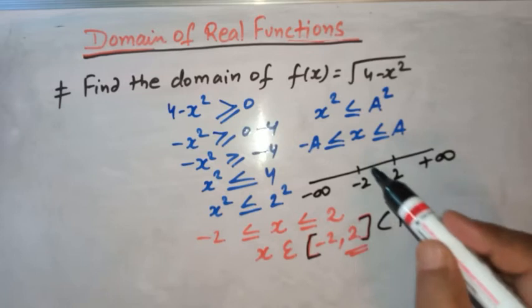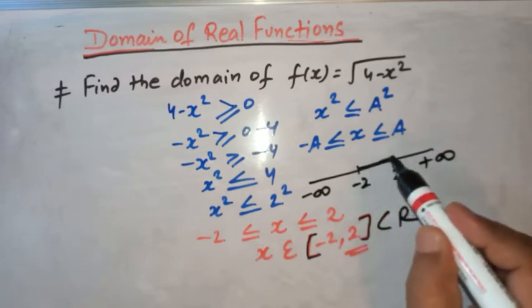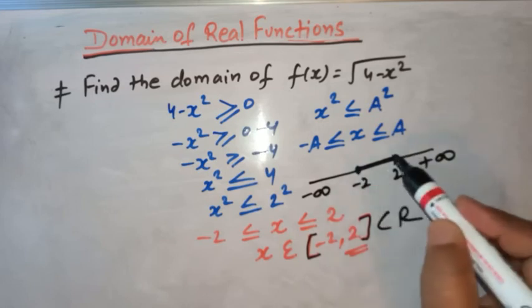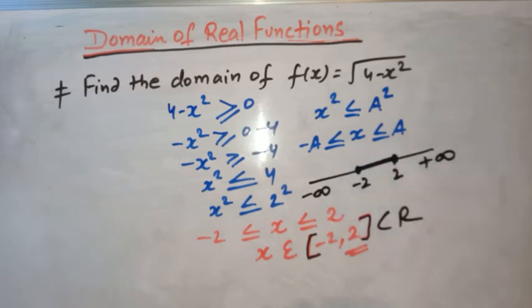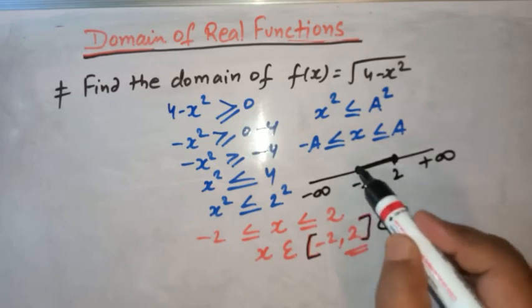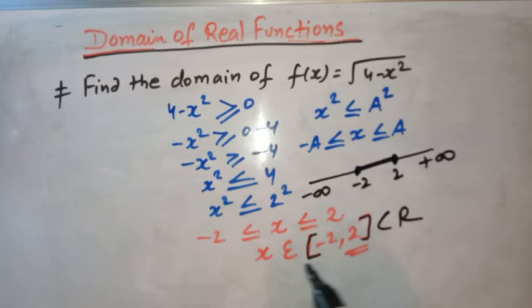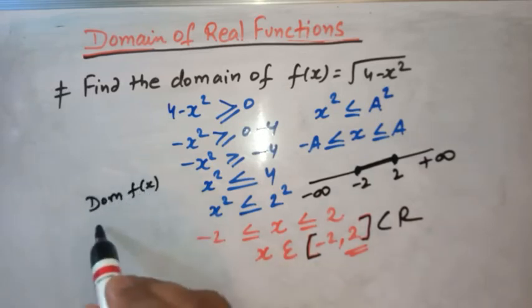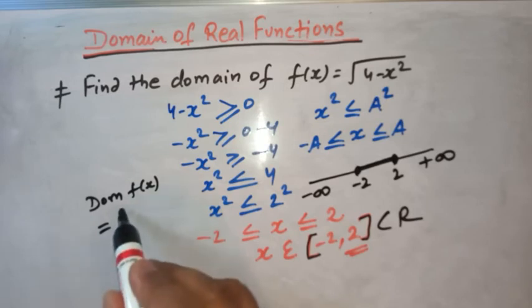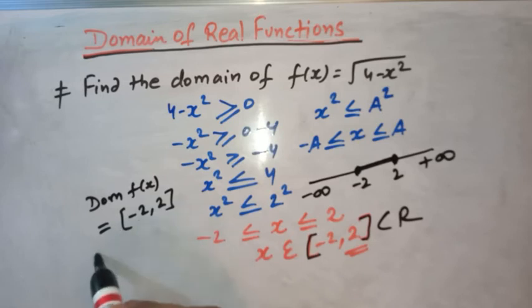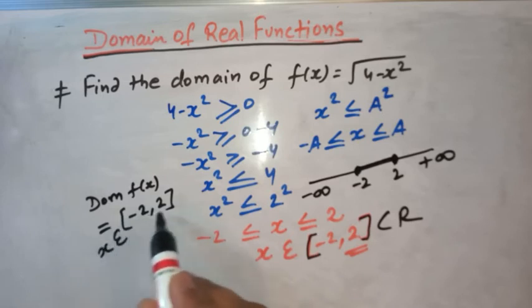So we can shade this area here, this line, and we make bubbles here indicating that the endpoints are also included. Clear? So the domain of f(x) is minus 2 to 2, and each x belongs to this domain. Clear?